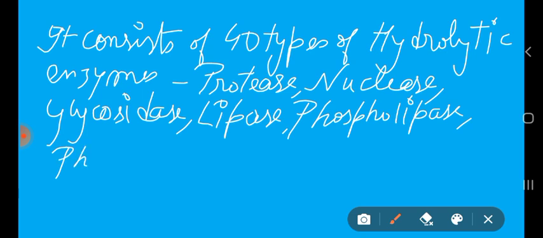So different types of hydrolytic enzymes are found which are enough to carry out the degradation of macromolecules. Then sulfatase.